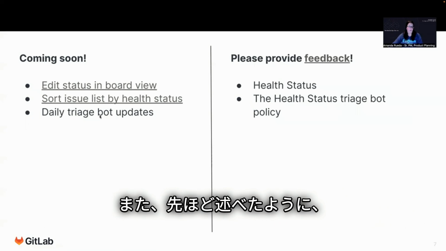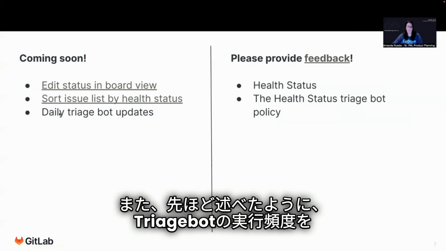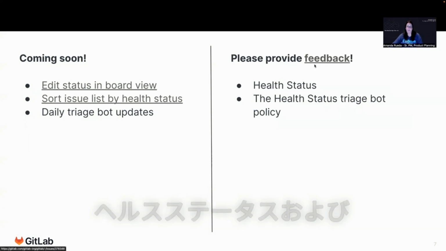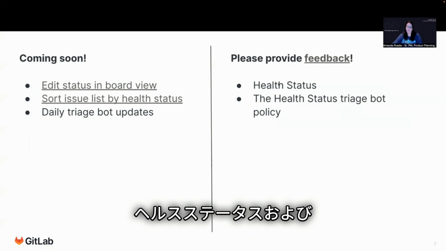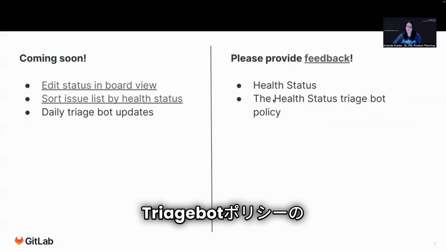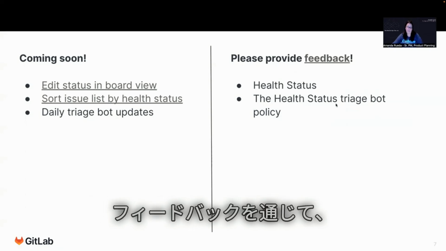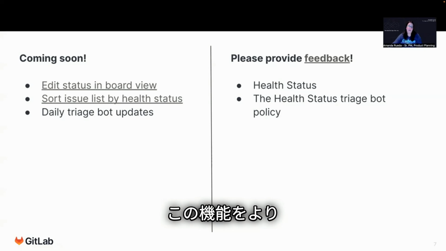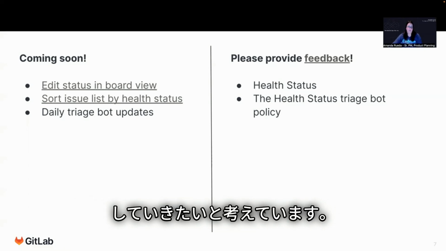I already mentioned that we're updating the triage bot to run daily. And I'd like to ask you for feedback if you'd like to participate in dogfooding this feature. You can give us feedback on both the health status as well as the health status triage bot policy. I would love to learn more about how you're using it, how you envision we could use it in the future so that we could make this feature more valuable to our customers.